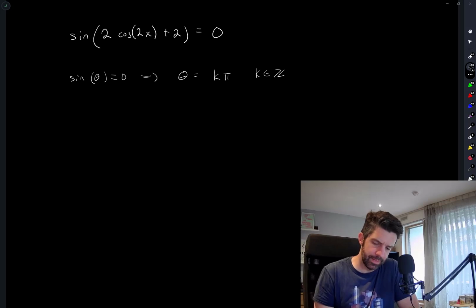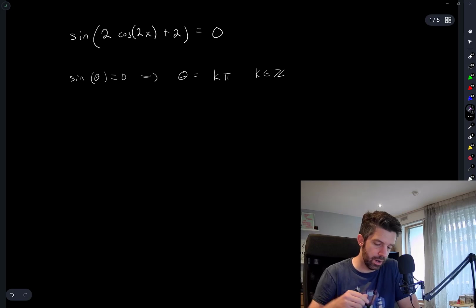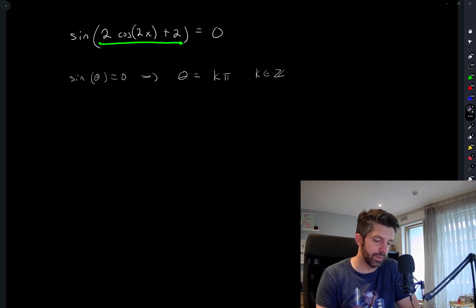And so what we'll need to do is set this equal to 0 and solve for all possible values of x. Then I'll set it equal to pi and solve for all possible values of x. And set it equal to negative pi and solve for all possible values of x within the indicated interval.